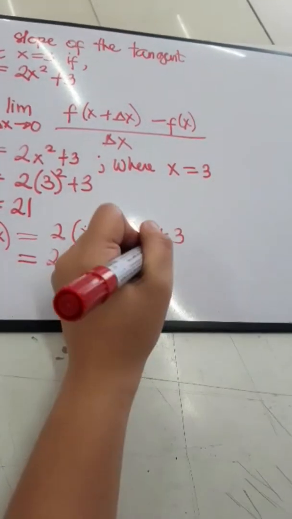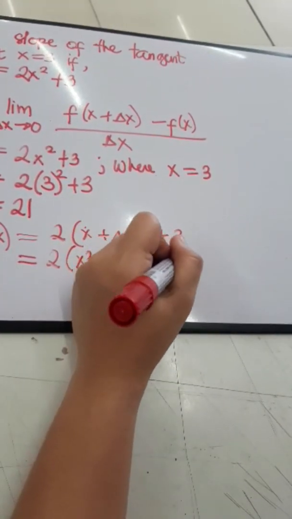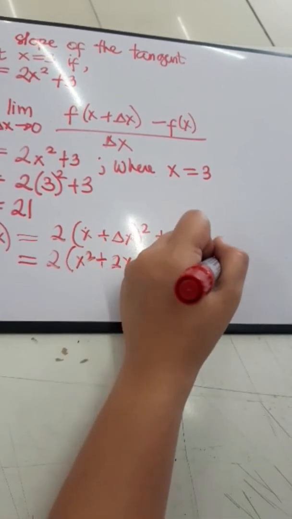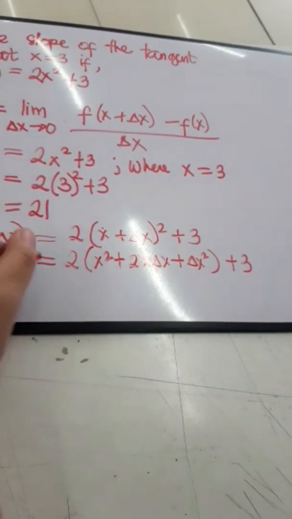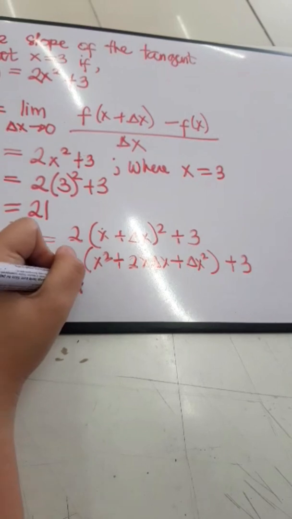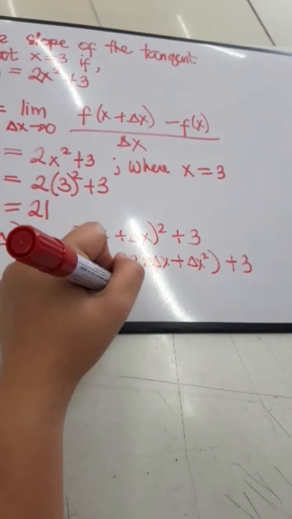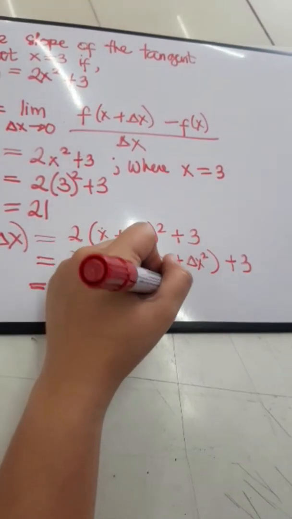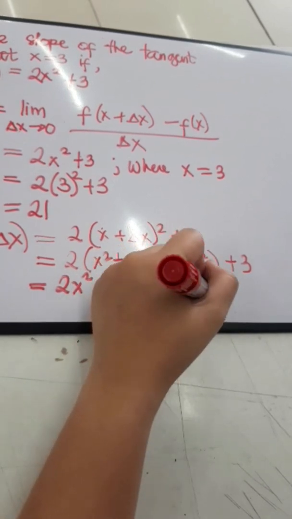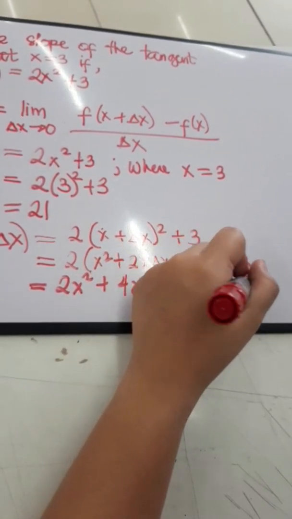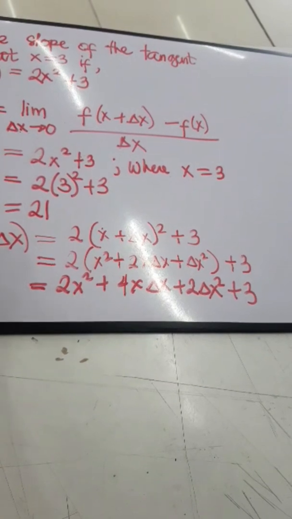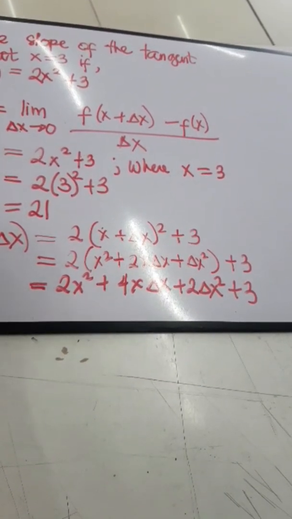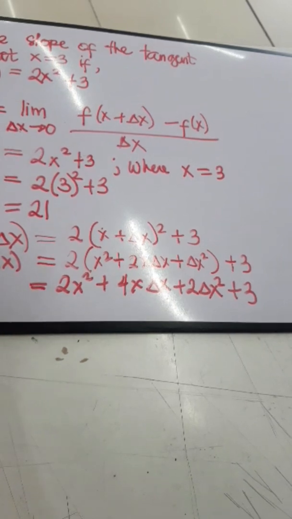Delta x times delta x is positive delta x squared, plus 3. Distributing, we get 2x squared plus 4x delta x plus 2 delta x squared plus 3. So we now have a function for f of x plus delta x.